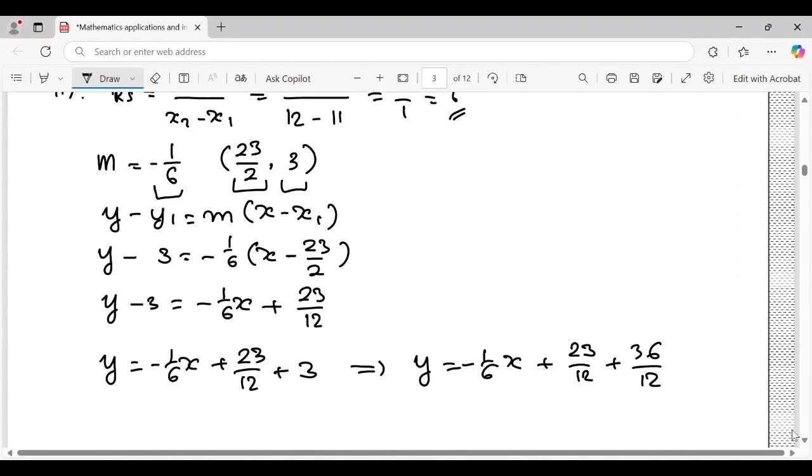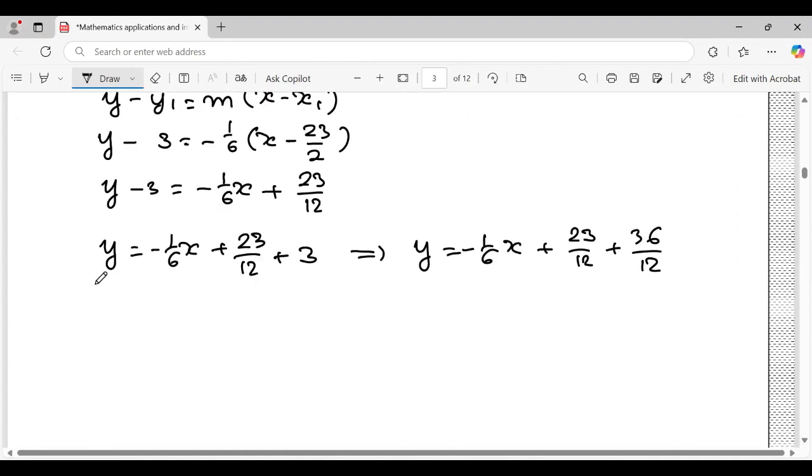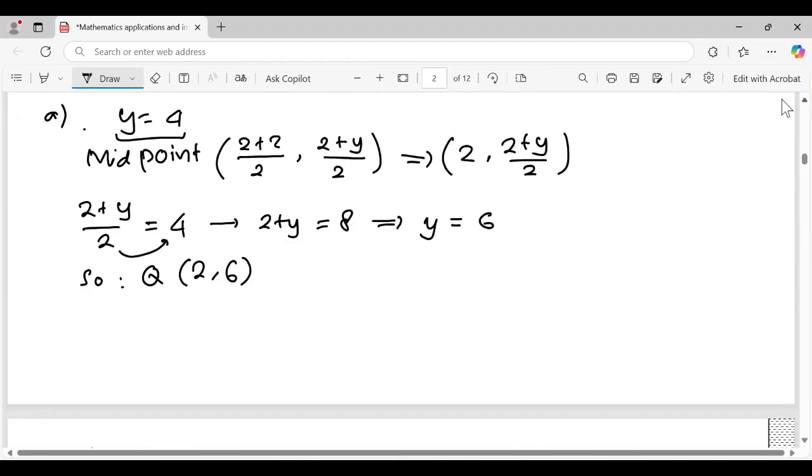So the equation becomes y equals minus 1 over 6 x plus 59 over 12. This is the equation. Next question.